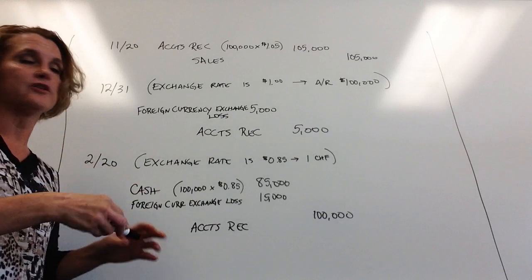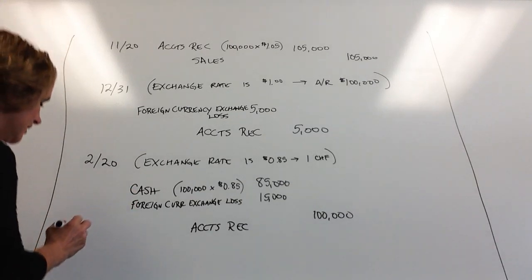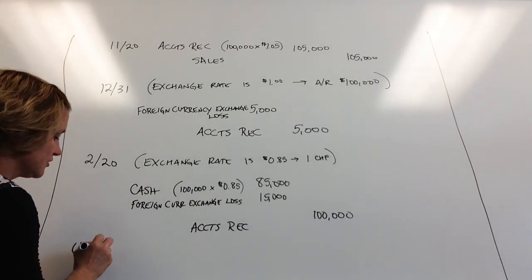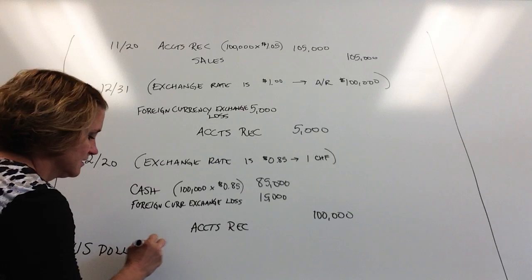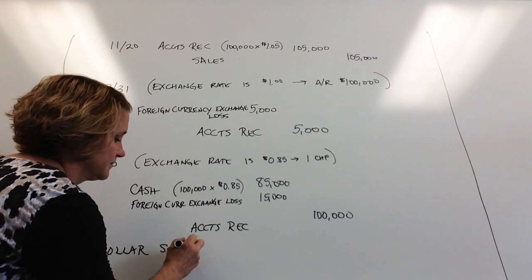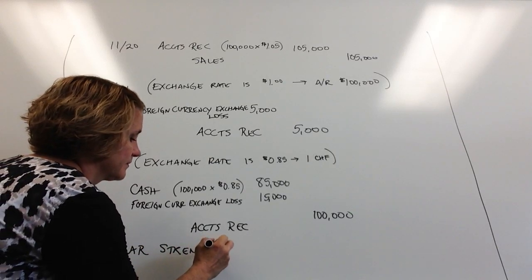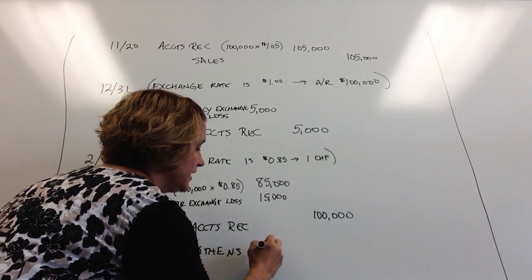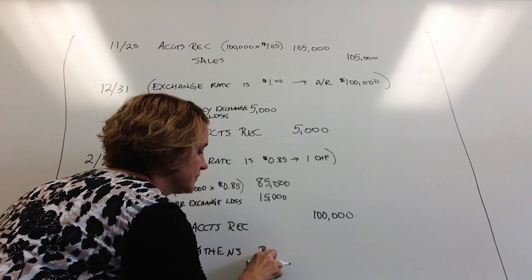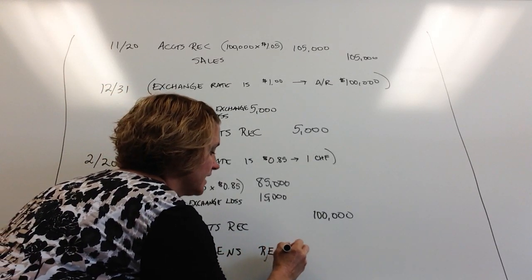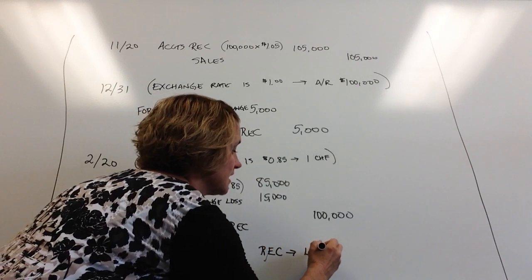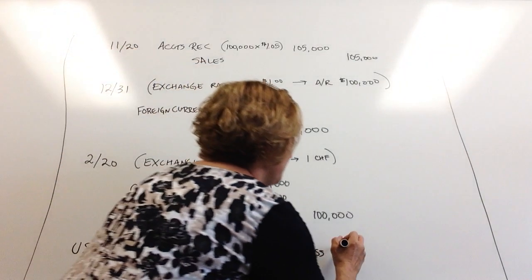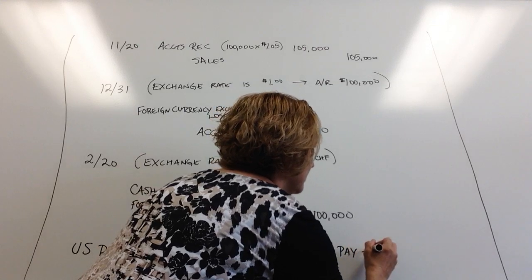Where it could go the other way. So if the U.S. dollar strengthens, and we have a receivable, that's going to result in a loss. If it was the other way, if it was a payable, then it would have been a gain.